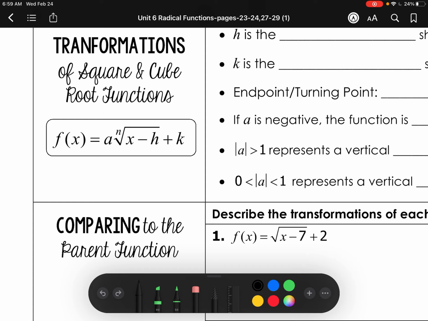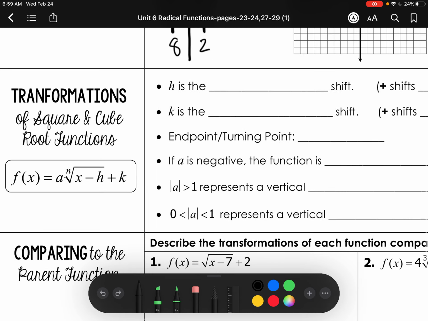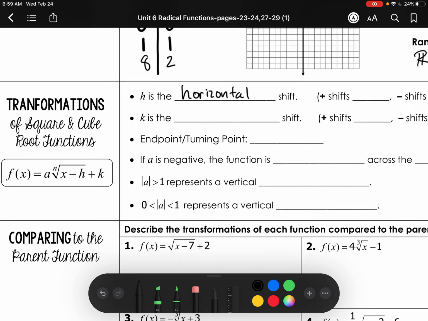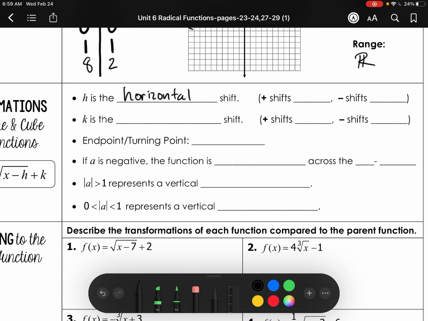So over here, we know that h refers to the horizontal shift. If you have a positive h value, it's going to shift the graph left. And if you have a negative h value, it's going to shift the graph right.